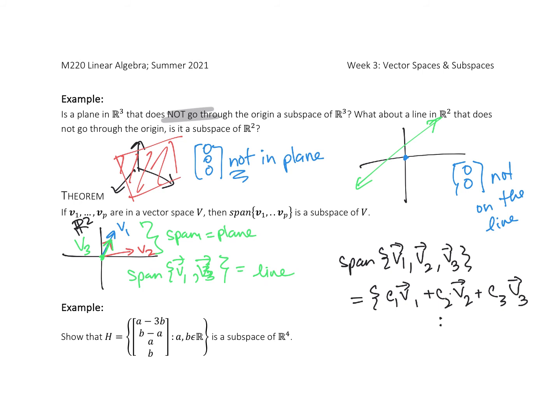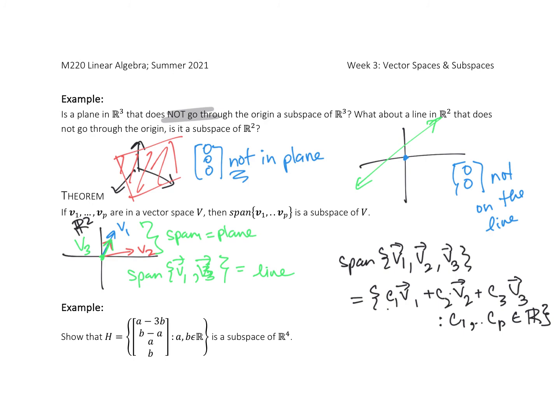And then the 0, 0 vector is in there as well, if C1, C2, and C3 are all 0, for C1 through CP elements of the real number system.